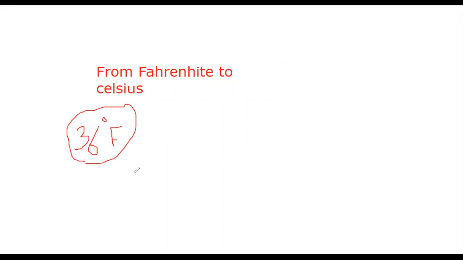The formula says temperature in Celsius, please write it in your notebook or in your book.